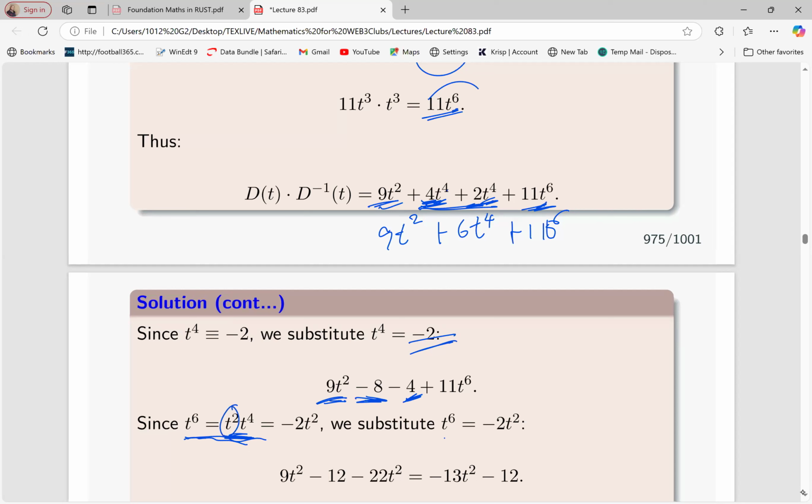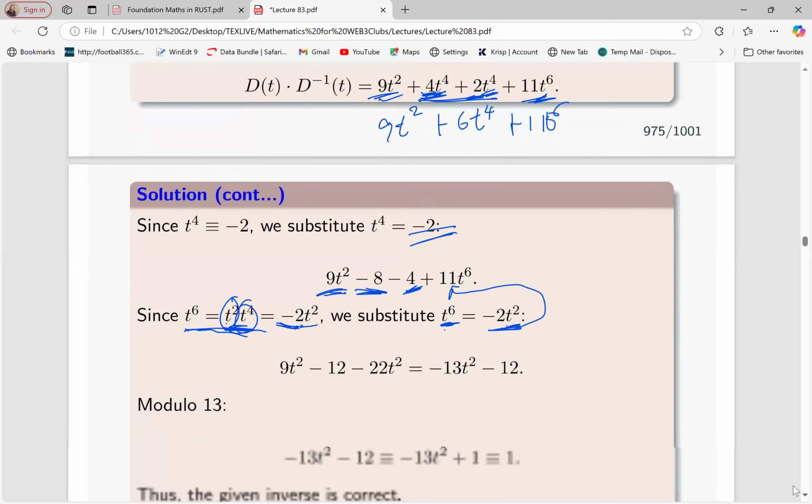And this second part, t raised to 4, is -2, 10 times t raised to 2. So t raised to 6 becomes that. Now multiply this by 11. Multiply that by, you get -22 t raised to 2. So this one becomes -22 t raised to 2.